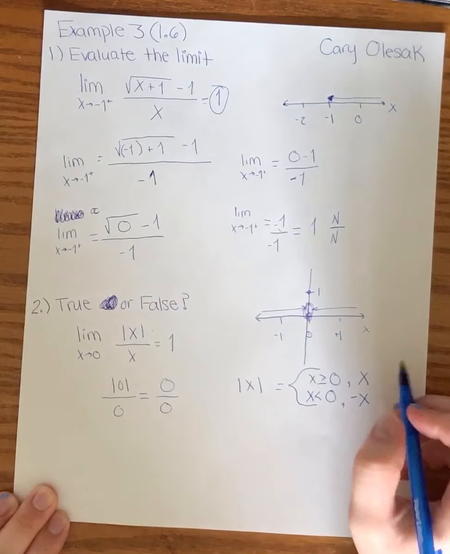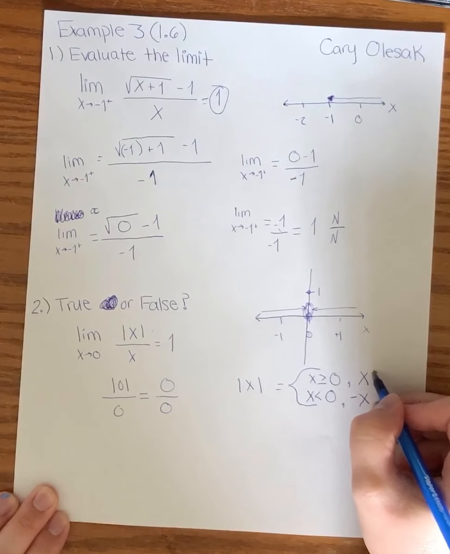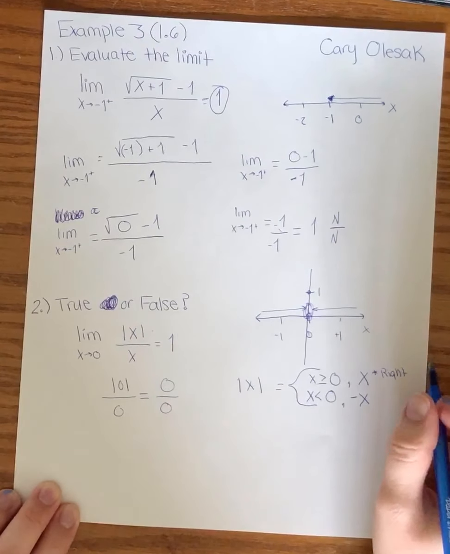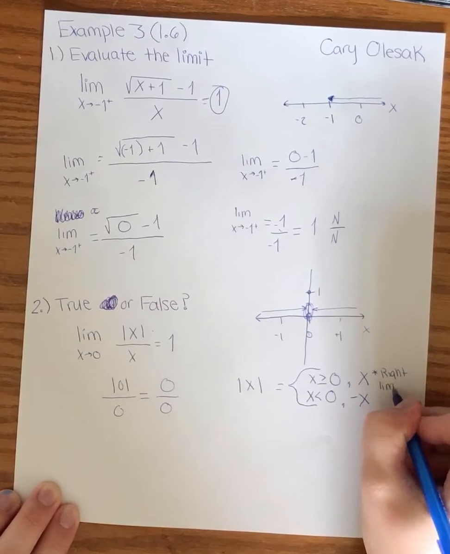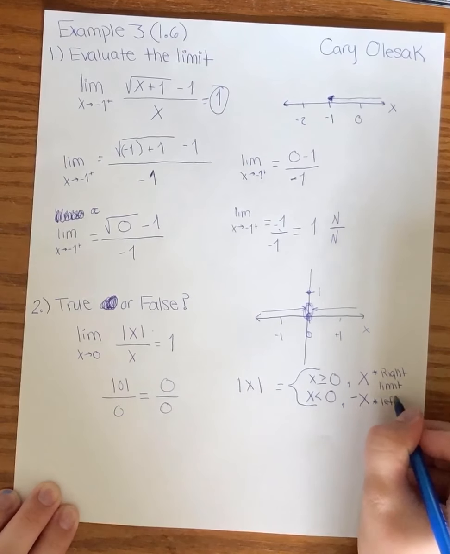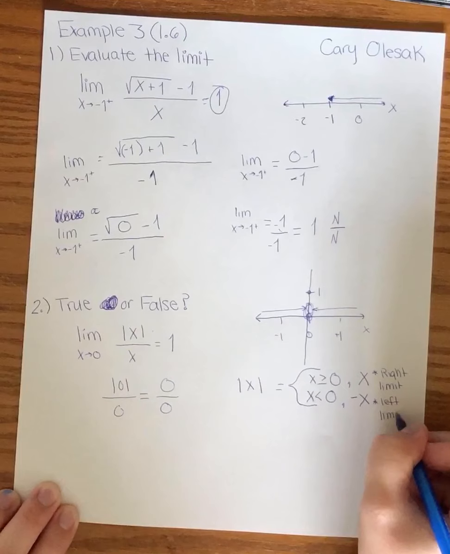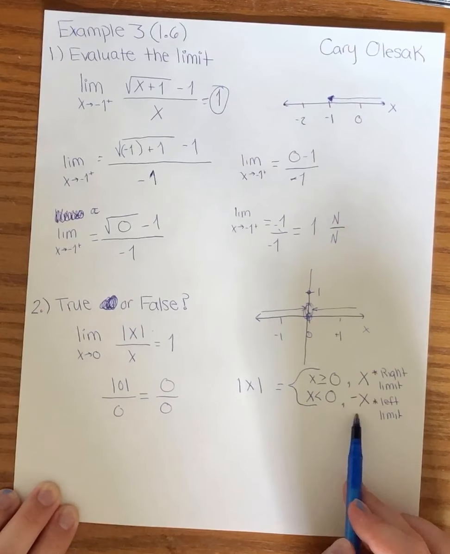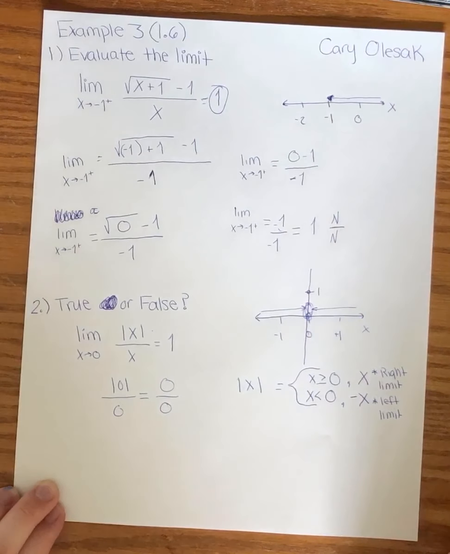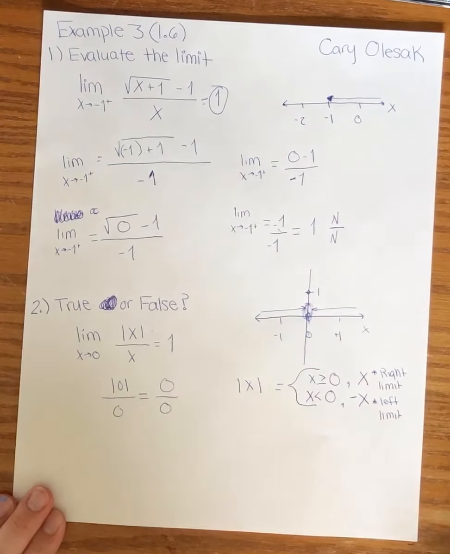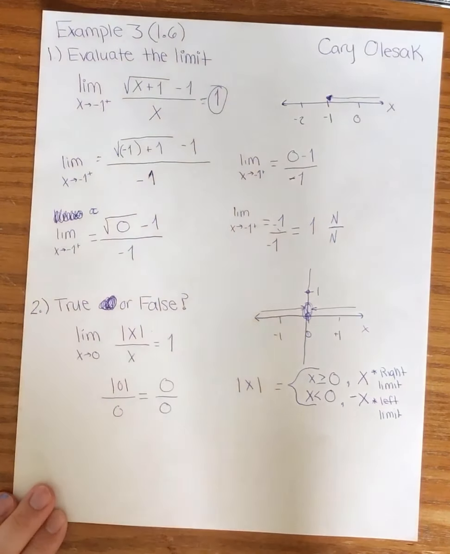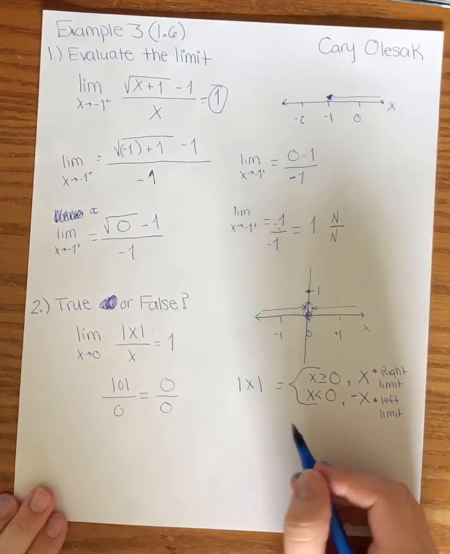To give a little more insight, this will be the right limit, and this one will represent the left limit, being that this negative x is approaching from the left, and x will be approaching from the right. Again, we need to look at both sides to see if both of the limits will approach one.